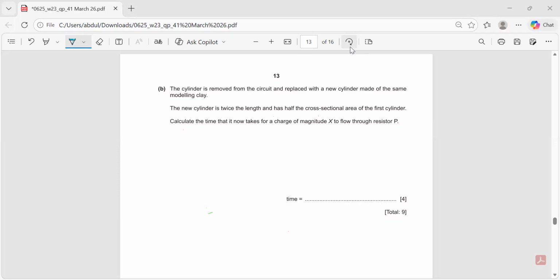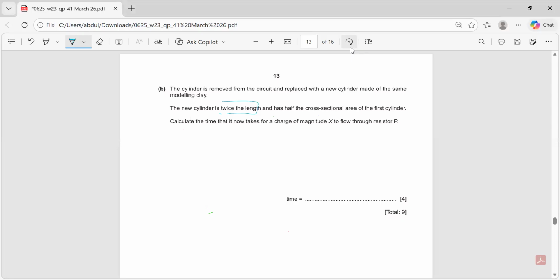So it means its resistivity is the same. If before resistance was 2 ohms for those dimensions, now for the same dimensions, resistance will be 2 ohms. But if the dimensions are changed, meaning length, width, thickness, height, volume, area of cross section, then it changes. The new cylinder is twice the length.